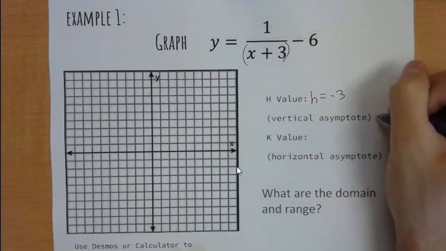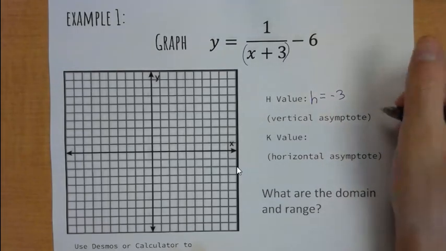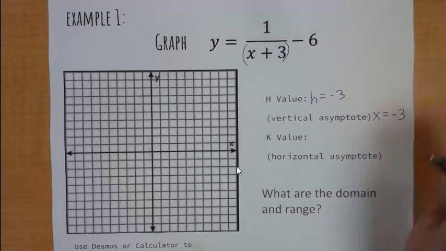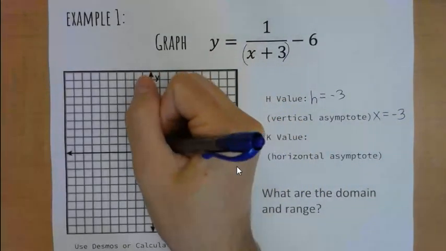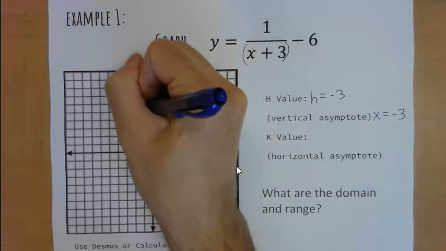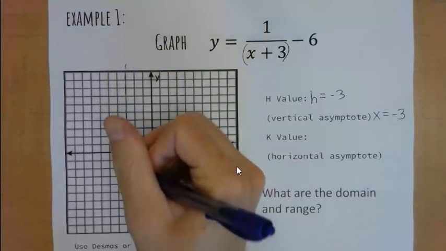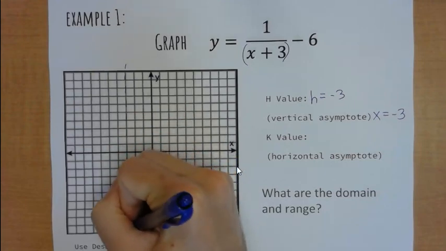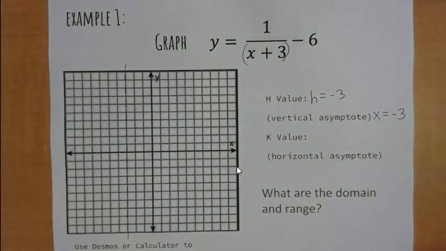So our vertical asymptote would be at x equals negative 3. So I'm going to go to negative 3 and draw a little dotted line at negative 3 here on my x-axis, going up and down. So I have that vertical line, if you can see that on my graph.